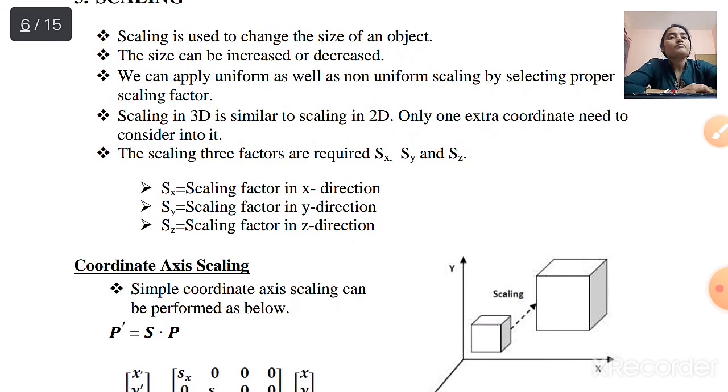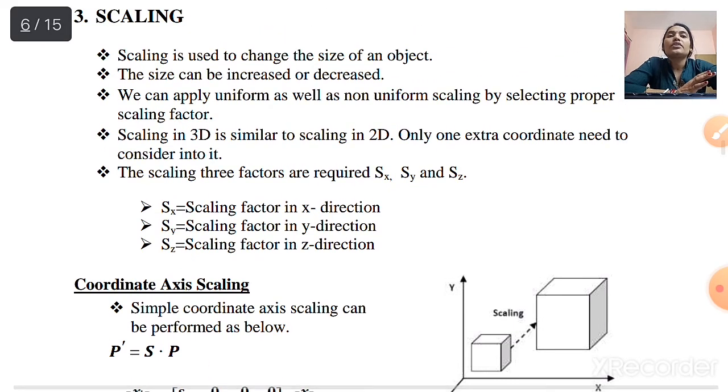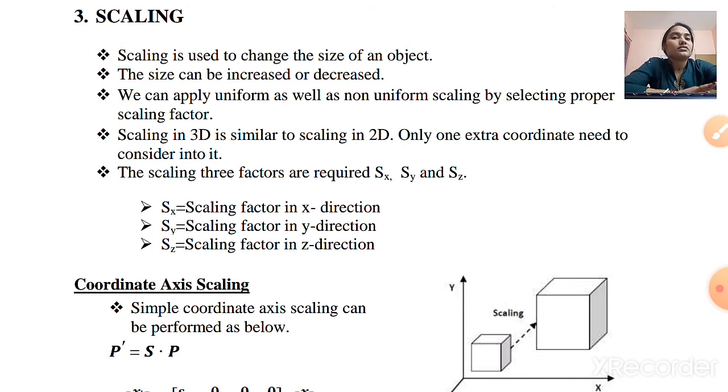Scaling in 3D is similar to scaling in 2D. The method which we studied in 2D is the same as the scaling method in 3D. Only one extra coordinate needs to be considered, the z coordinate position.